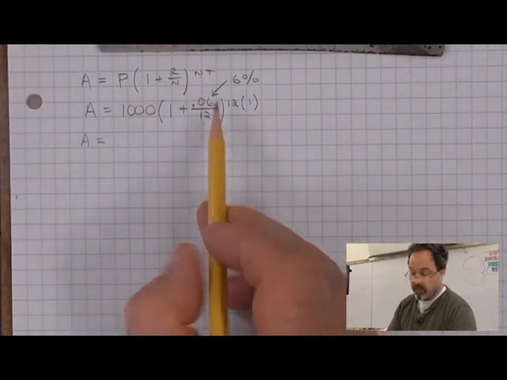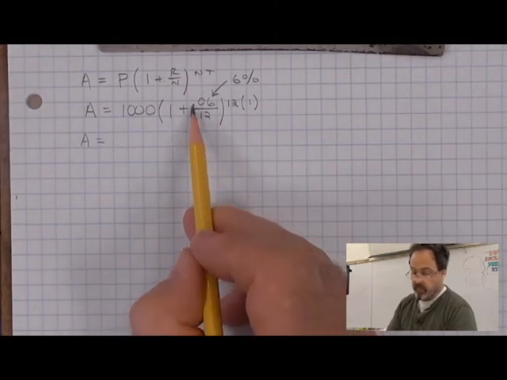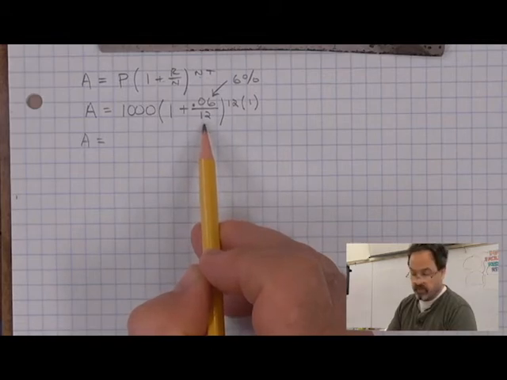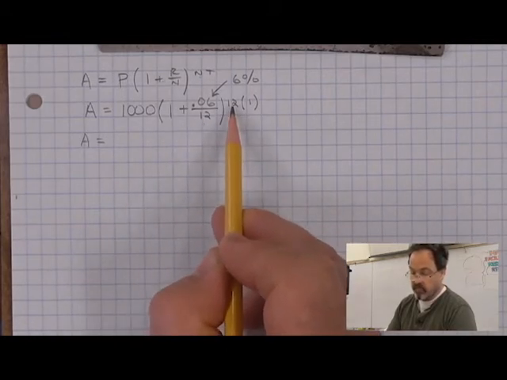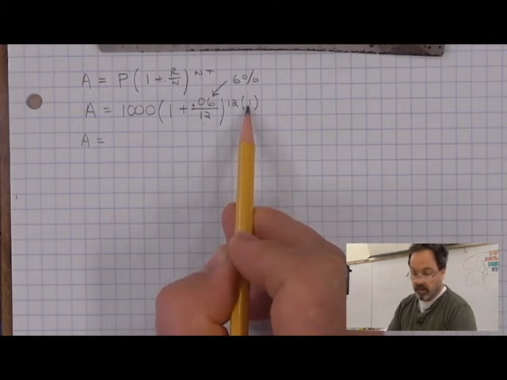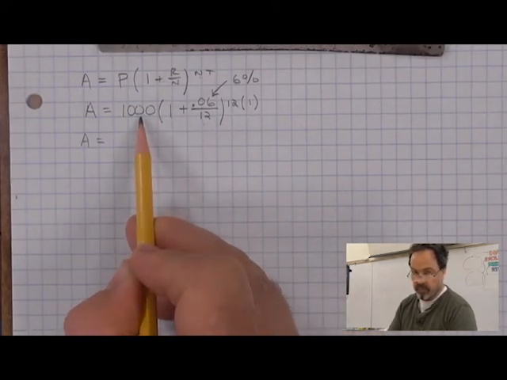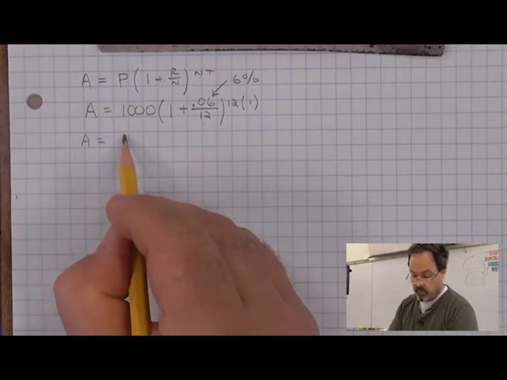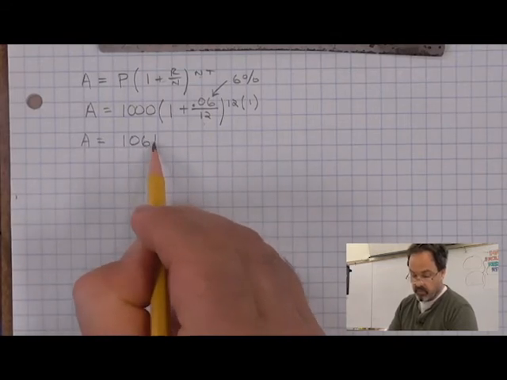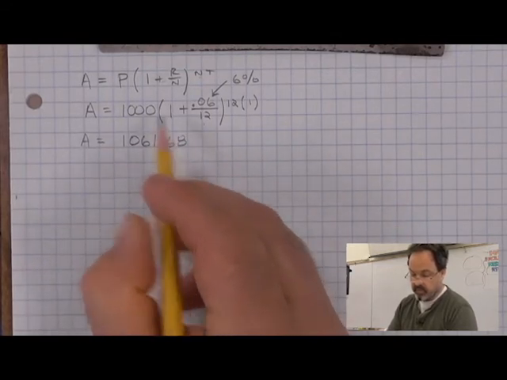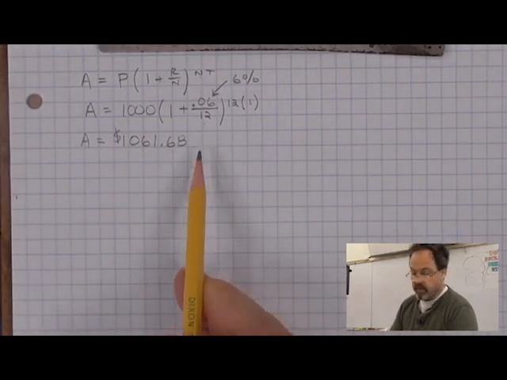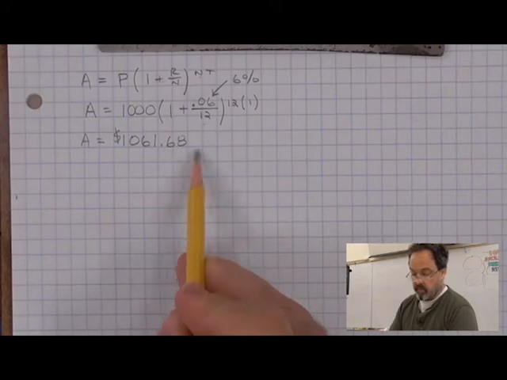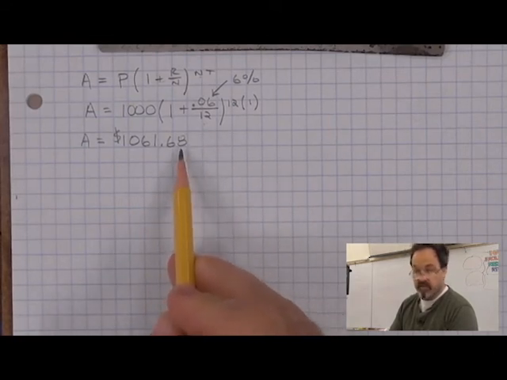I put into a calculator, and I've already done this, 0.06 divided by 12, then add 1, then raise it to the 12 times 1 power, and then finally multiply by 1,000, will give us $1,061.68. Now, I've already done this calculation on the side, and the decimal keeps going. I've rounded it to the nearest cent.